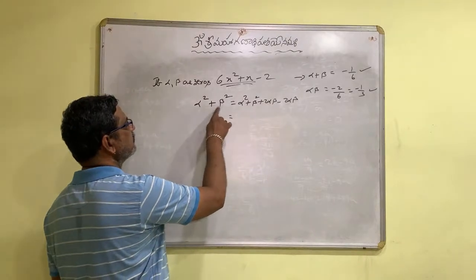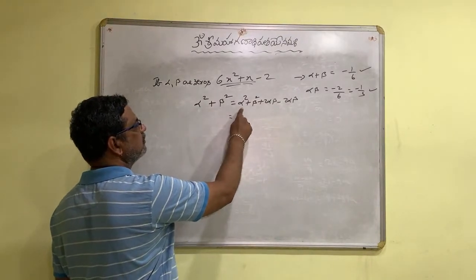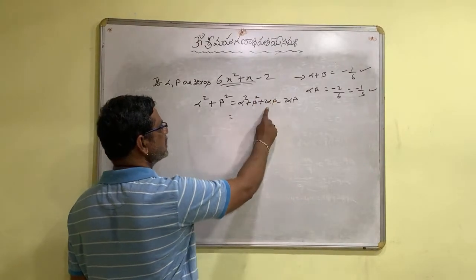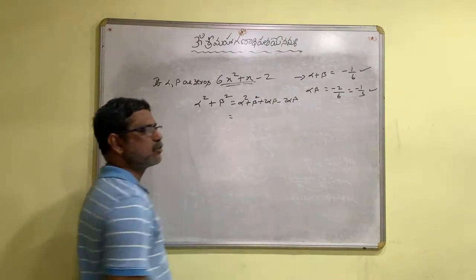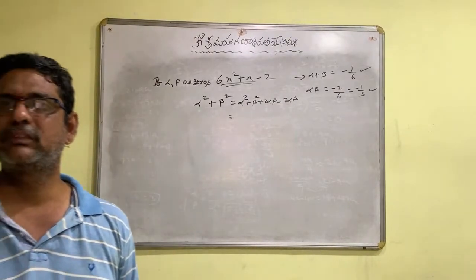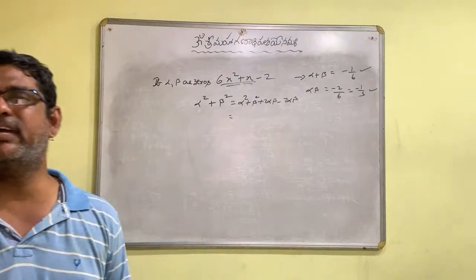So how am I writing alpha square plus beta square? Alpha square plus beta square plus 2 alpha beta, immediately minus 2 alpha beta. Okay? Sir, why are you doing like that?